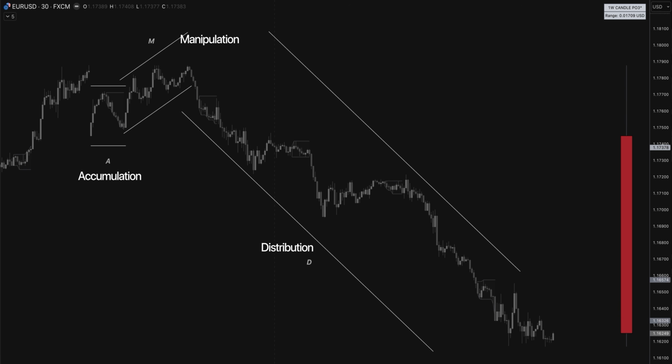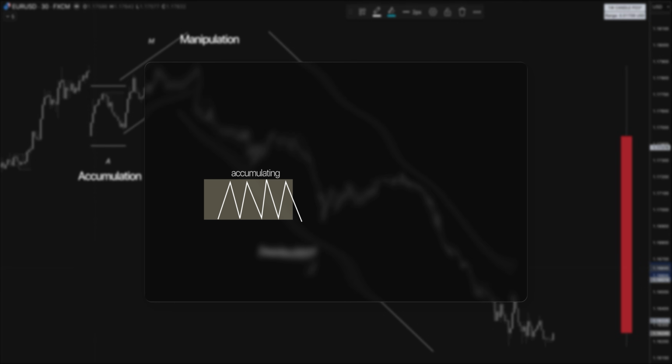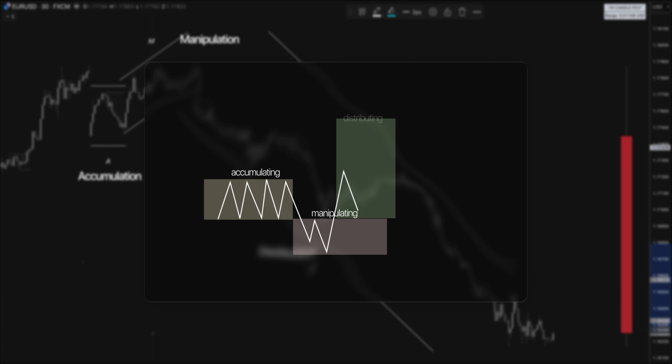These are just fancy words, but all it really is, is that price is accumulating orders or liquidity. It's building a range with liquidity above and below that range. Manipulation just means price is going to either sweep that liquidity above or below. Once we have swept liquidity, that's going to provide momentum for price to head in the opposite direction.